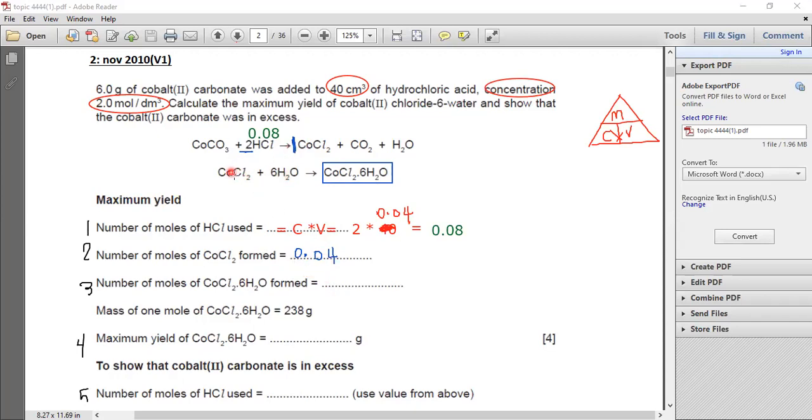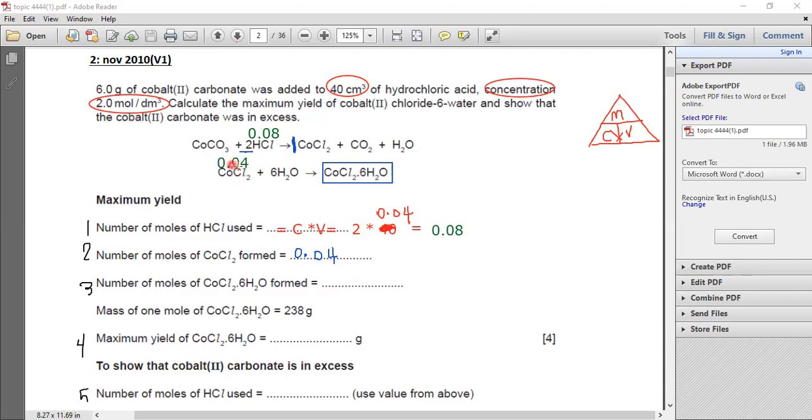So I know COCl2, here is COCl2, the same. I know before this is 0.04 from mole ratio. I asked you about COCl2 6H2O. You're talking with me about COCl2. Why? 1 minute.